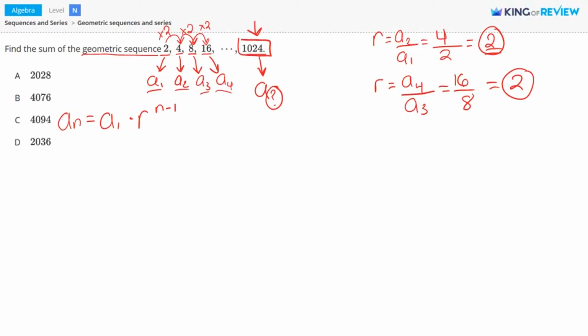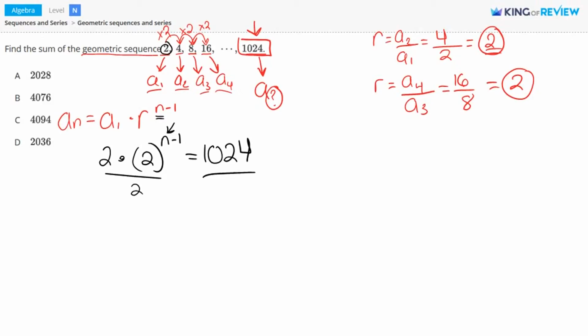So in this equation, if we solve for n, this will give us what term 1024 is. Let's put the information that we know into this equation. A1, the first term, is 2. So we have 2 times the common ratio, which is 2, to the n minus 1 power, and this equals 1024.